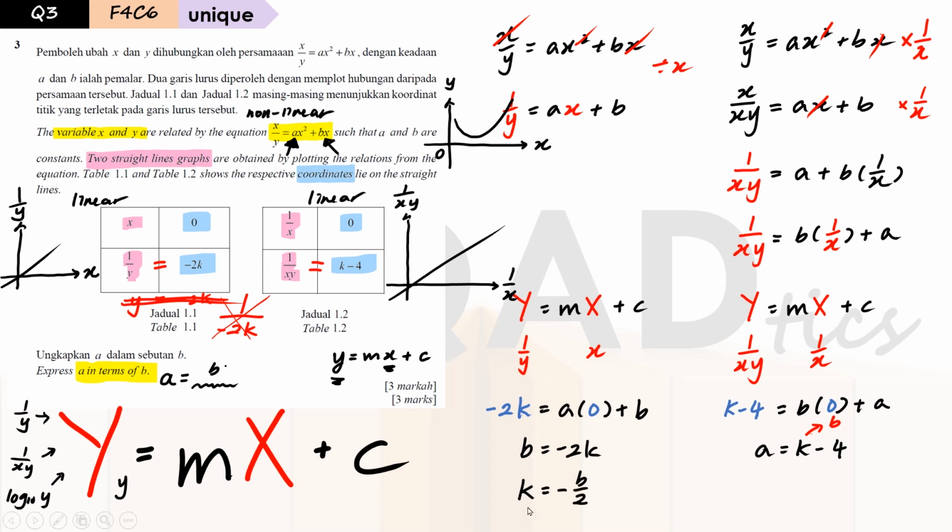If you do that, it will be something like this. Basically this negative 2, I move to the other side, so it's negative b over 2, and I switch their places. So I can change the value of k here to be b. Using this equation, k will become negative b over 2. And with that, we have formed the expression where a is in terms of b.